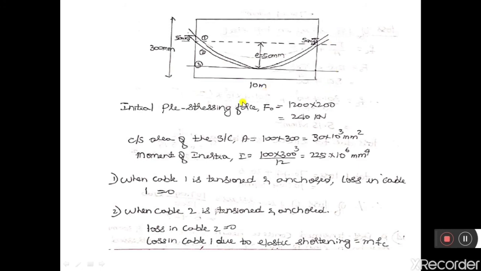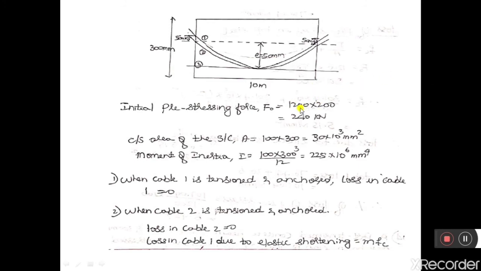Before calculating the percentage losses, first let us calculate the required data like the cross-section area of a cable, initial prestressing force, and compressive stresses in the concrete. The initial prestress F naught is equal to 1200 into 200. 1200 is the initial prestress given in the question, and 200 is the cross-section area of a cable.